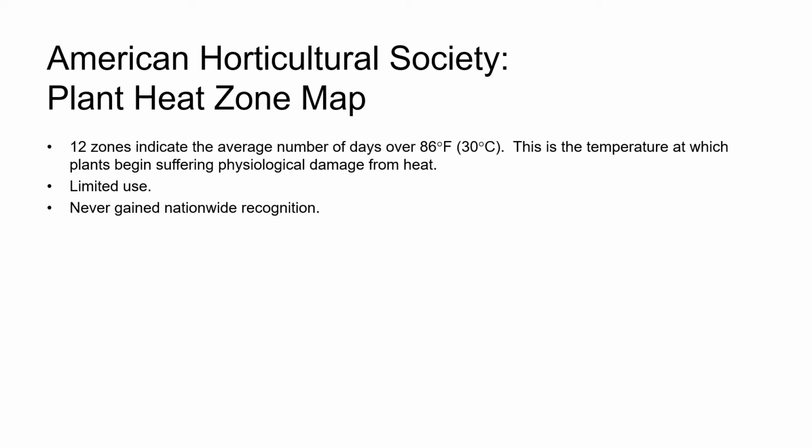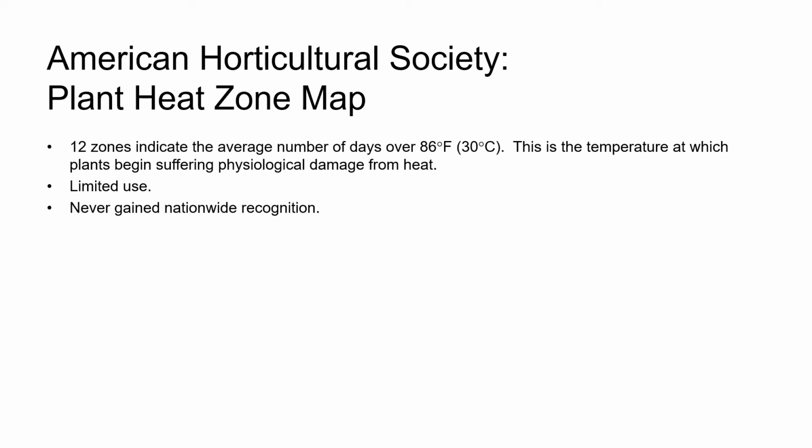The American Horticultural Society, realizing the limitations of the USDA zones, came up with its own system, which was also focused on temperature, but on heat rather than cold. The AHS system included 12 zones, which indicated the average number of days in each zone where temperatures exceed 86 degrees Fahrenheit or 30 degrees Celsius.